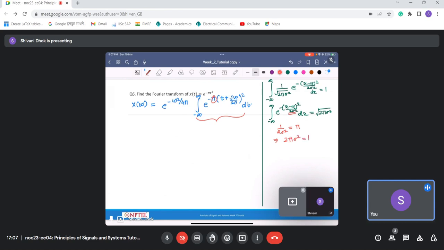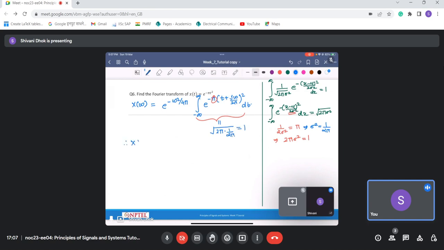So if I substitute this back here, this integration will lead to under root of 2 pi into sigma square, which is 1 upon 2 pi into 1 upon 2 pi, which results in 1.